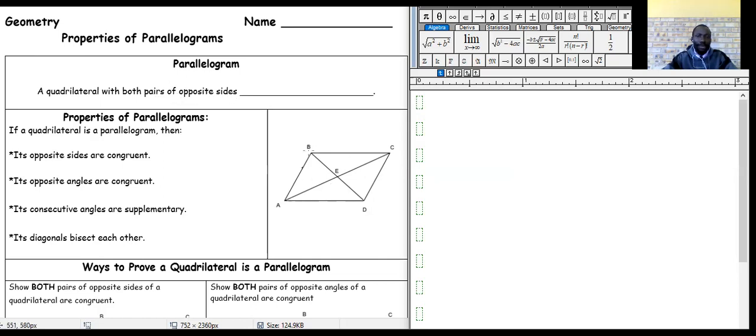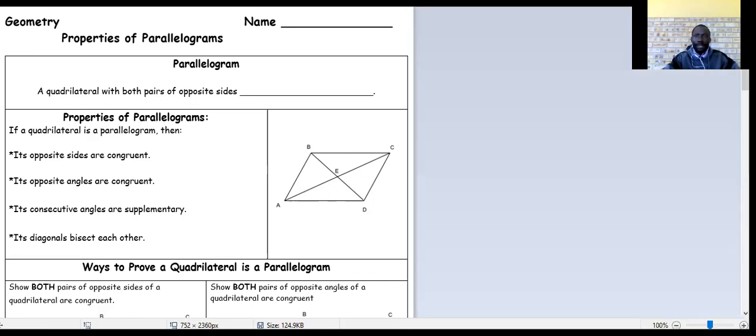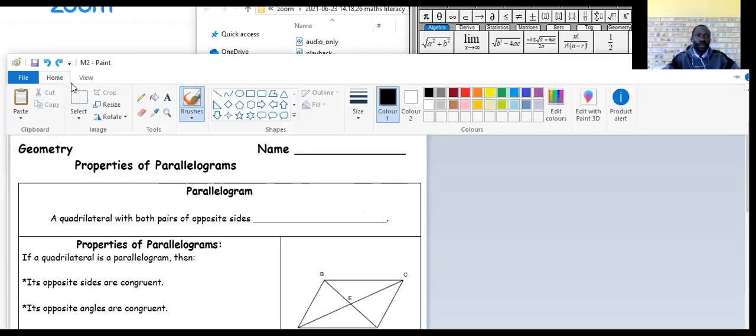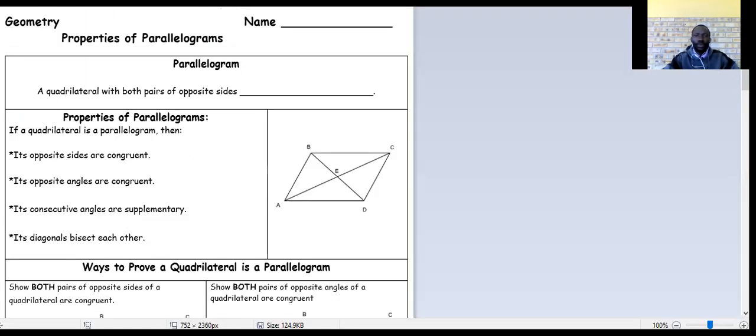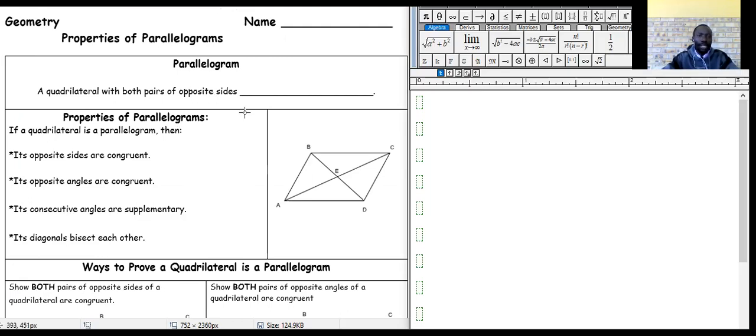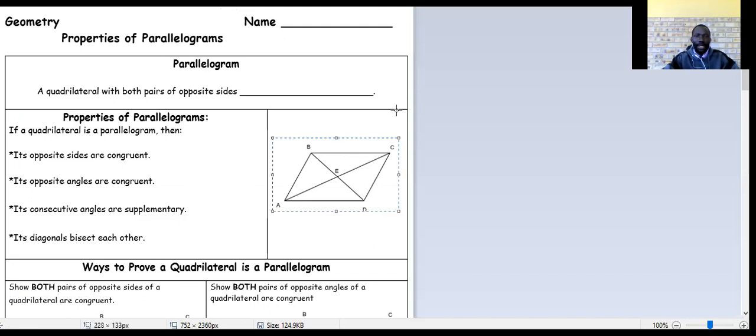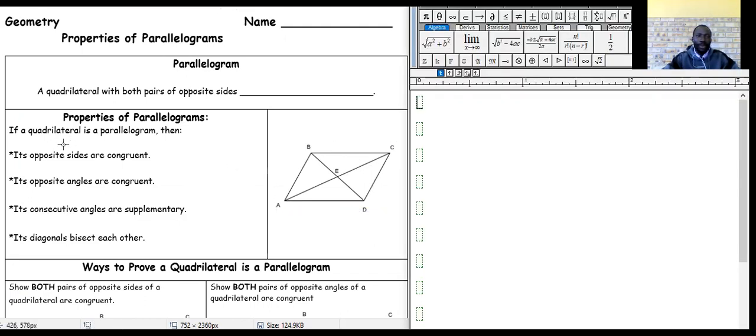So this one, ABCD, is a parallelogram, and this parallelogram has the properties we are going to be investigating.